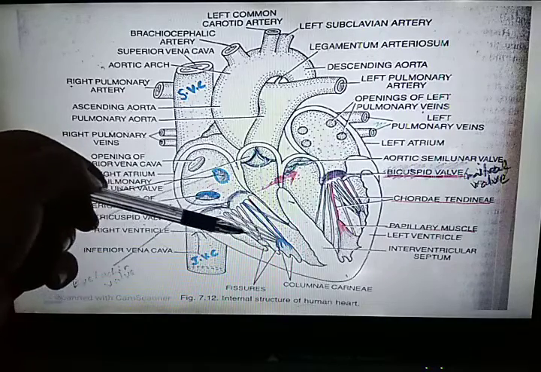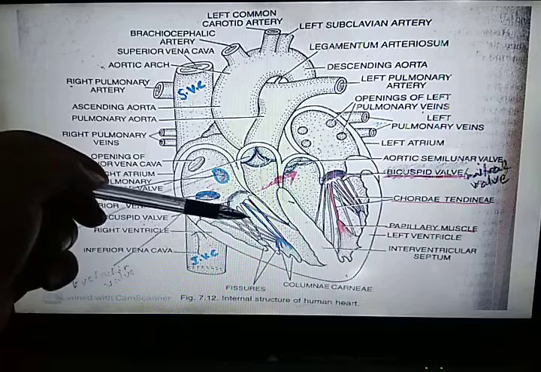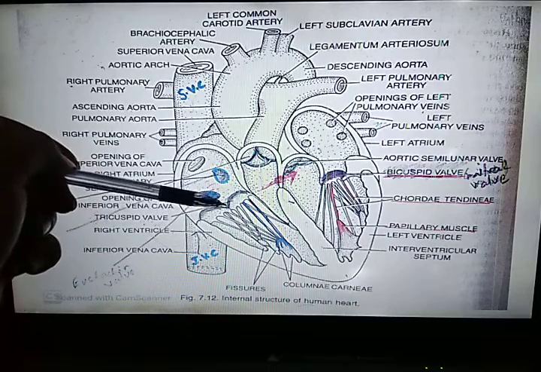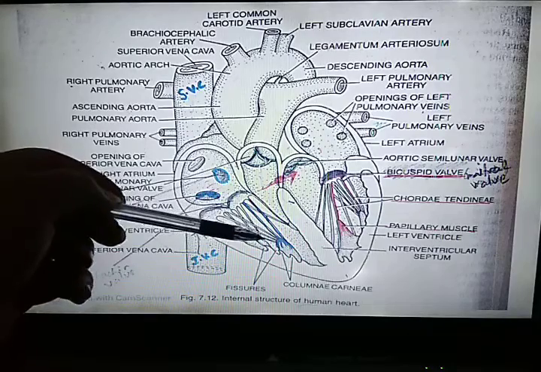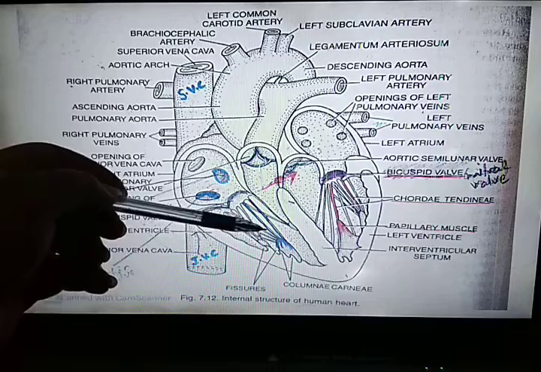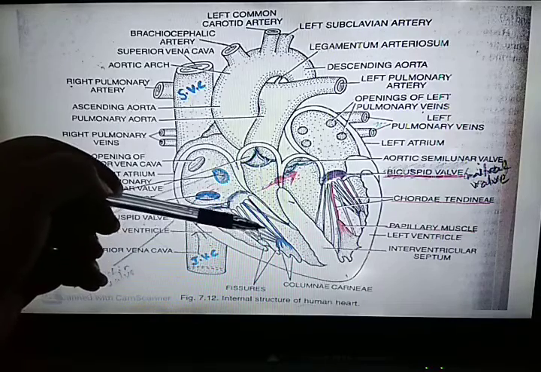So these chordae tendineae are mainly responsible for preventing the opening of the valve into the auricle during the contraction of the ventricles. You will understand this later during the functioning of the heart, when we do the cardiac cycle.